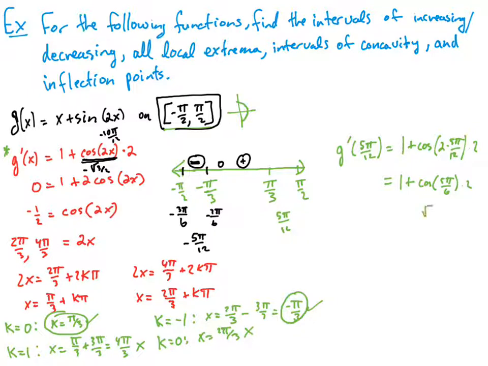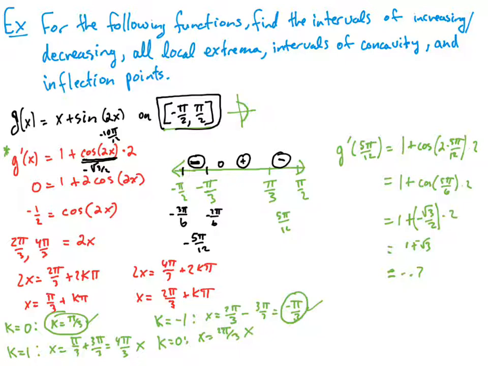Cosine of 5 pi over 6 is root 3 over 2 times 2 plus 1. Sorry, this is negative here, because that's quadrant 2. So this is actually negative, so this will again be negative 0.7 about. So definitely a negative value here.